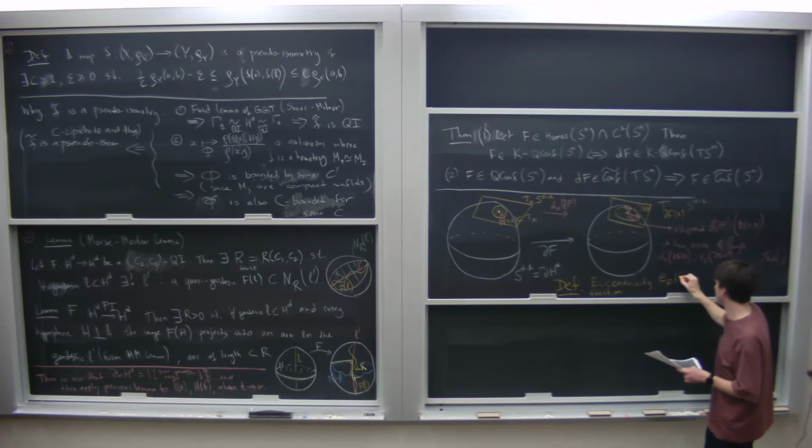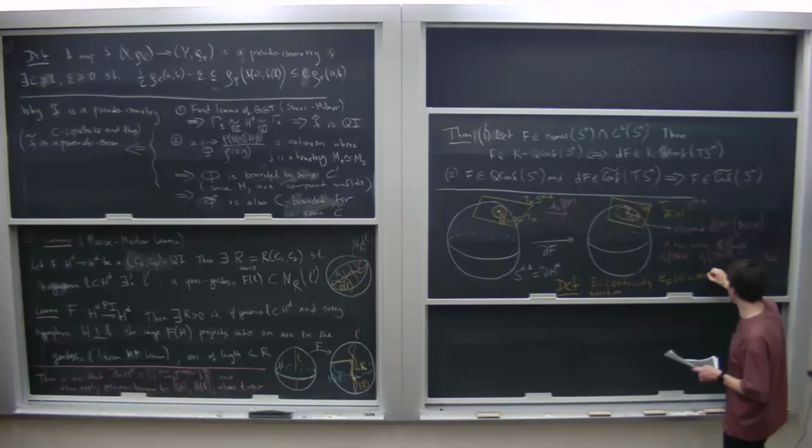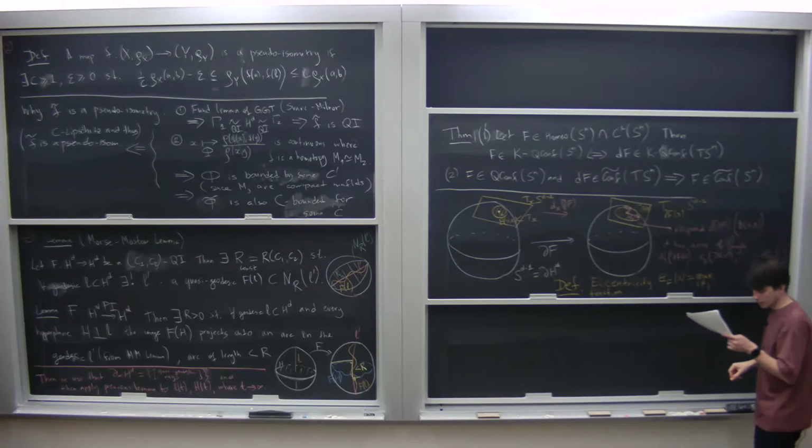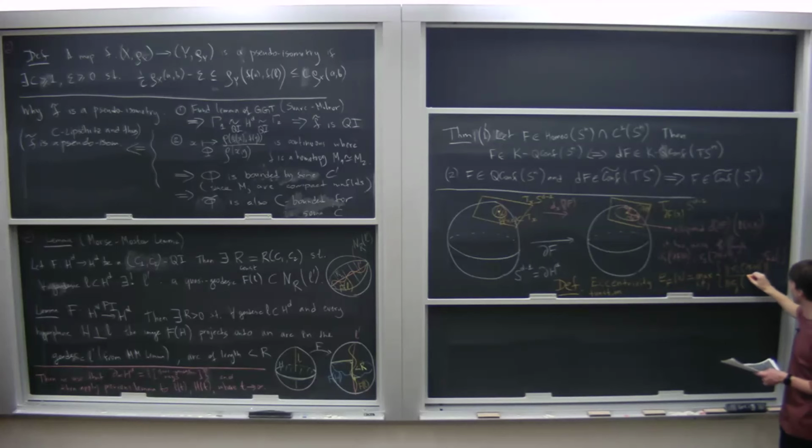E sub f of x is going to be equal to the maximum over i not equal to j of the following ratio: the norm of vi, which depends on df of x, over vj, again depending on the same point, right?